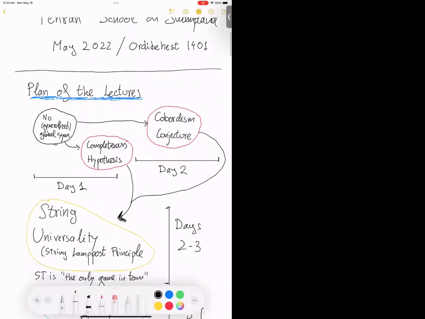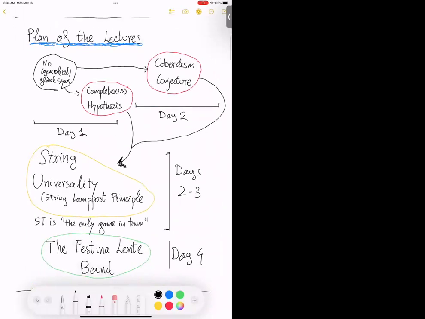The plan of the lectures: as was said, we have 4 lectures here. I will start by discussing consequences of the conjecture that Irene already explained today, absence of global symmetries. That's a very nice thing, but what can we do with it? Well, you can actually do a lot. In particular, I'm going to focus on a very cool consequence of no generalized global symmetries, which is the completeness hypothesis.